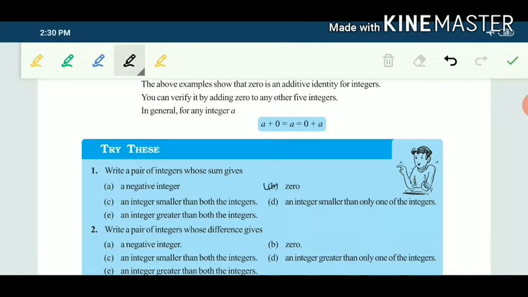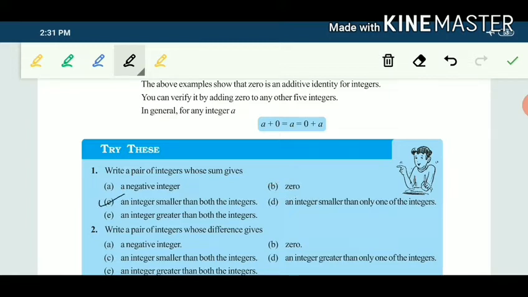B part is 0. Two integers whose sum is 0: minus 2 plus 2 is equal to 0. This is the property that we have discussed, additive inverse. In additive inverse, the sum is always 0.